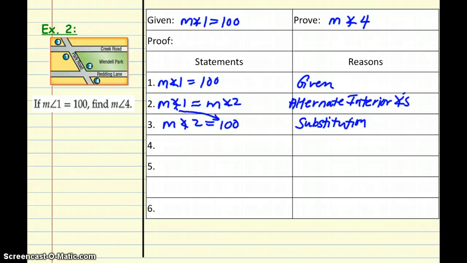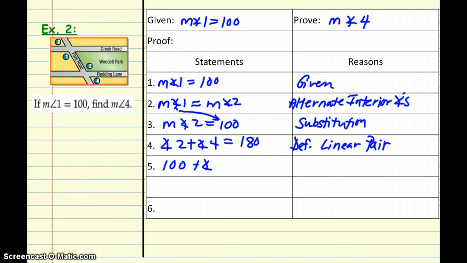So from here, angle 2 plus angle 4 equals 180 degrees. And just like the last one, that's the definition of a linear pair. Okay, and again, just like the last one, I'm going to say 100 plus angle 4 is equal to 180. And that's substitution.